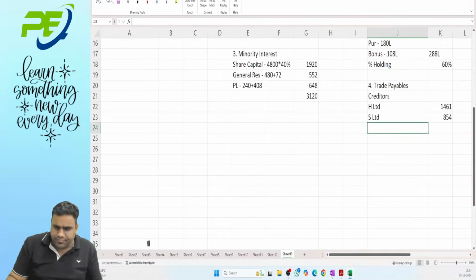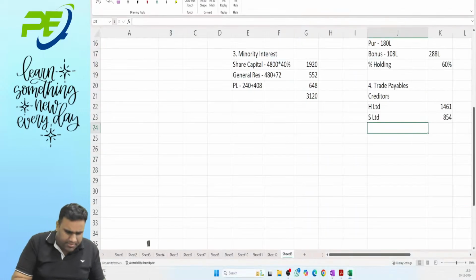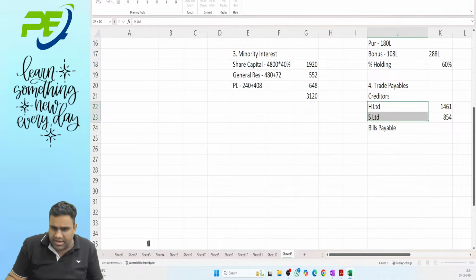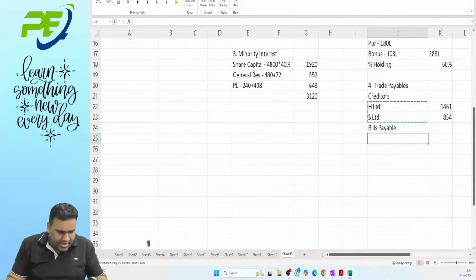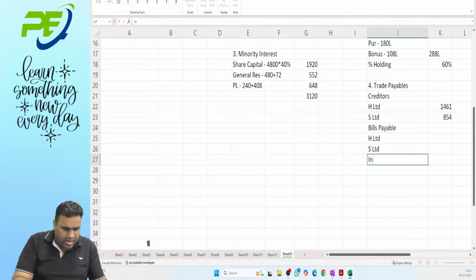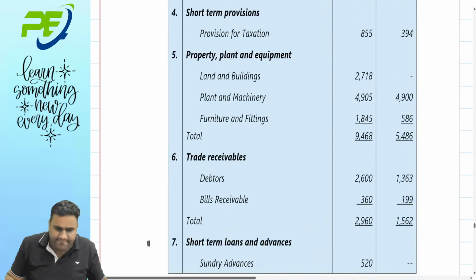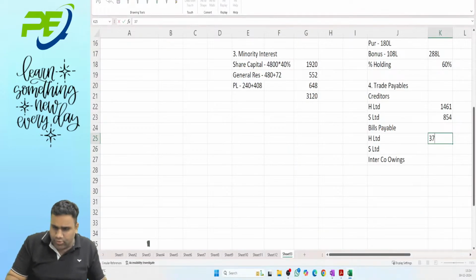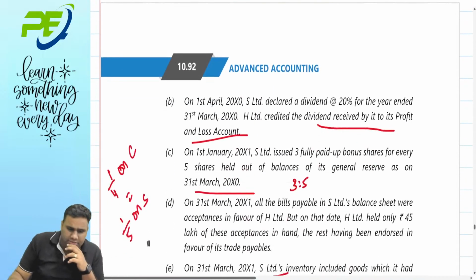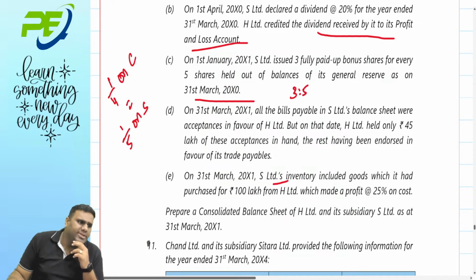And then bills payable. H Limited 372, S Limited 160, and intercompany owings. How much should I subtract?